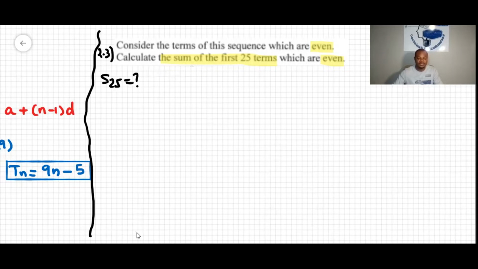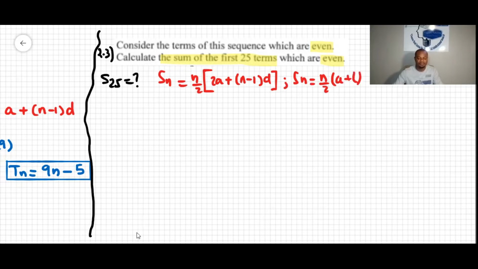Sn is given by n over 2, open square bracket, 2a plus n minus 1 times d, or Sn is also equal to n over 2, a plus l. Okay, these two are the formulas for Sn.